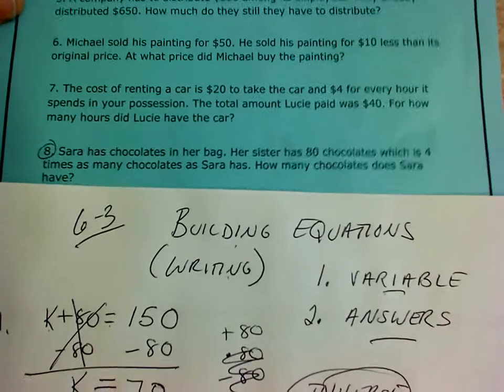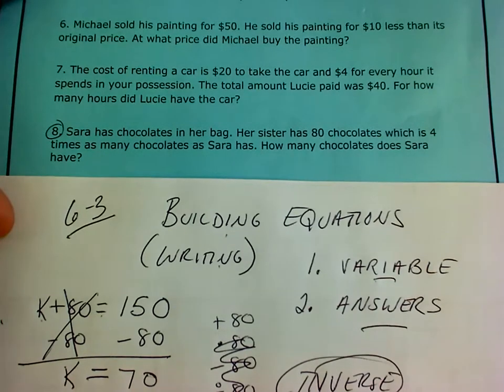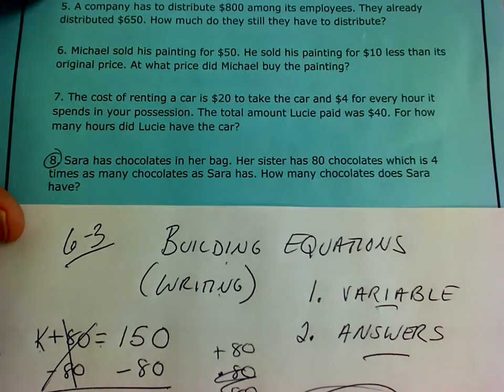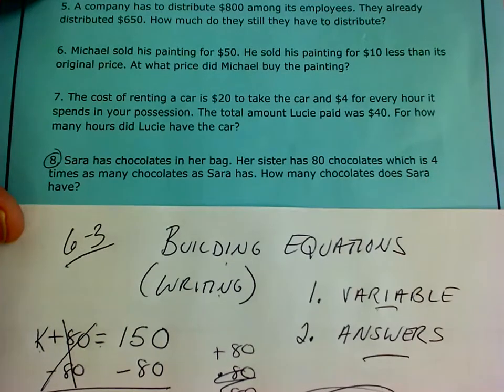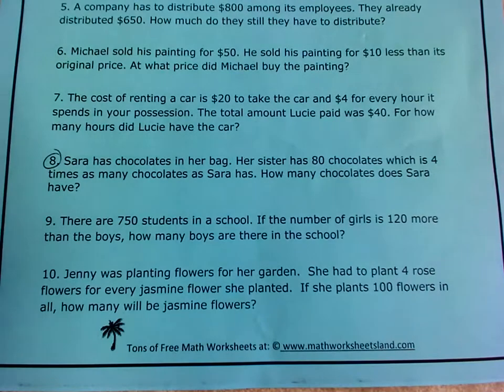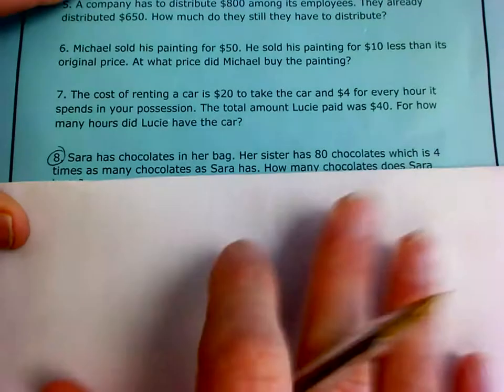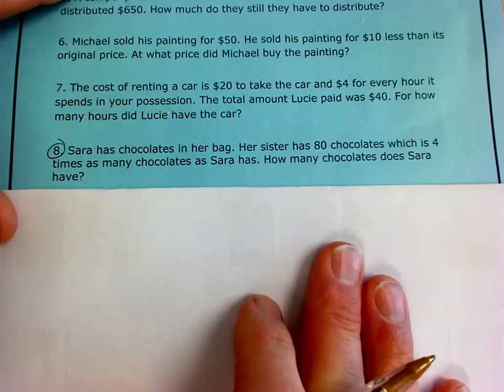Let's look at another one real quick, number 8. Sarah has chocolates in her bag. Her sister has 80 chocolates, which is 4 times as many chocolates as Sarah has. How many chocolates does Sarah have? If we want to look at solving this, the first thing we established is we need a variable.